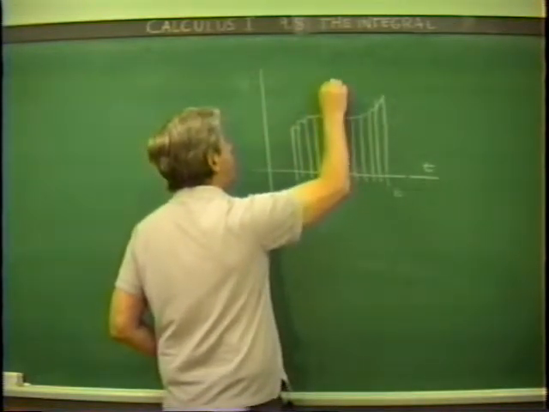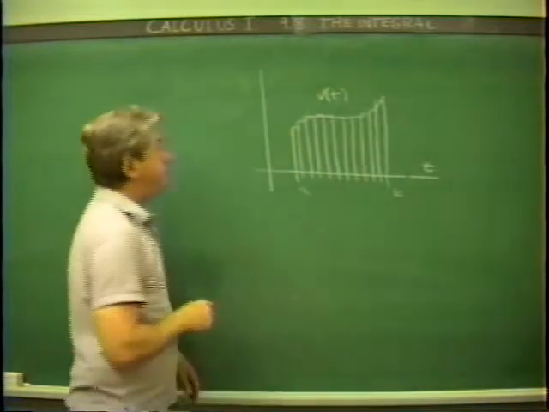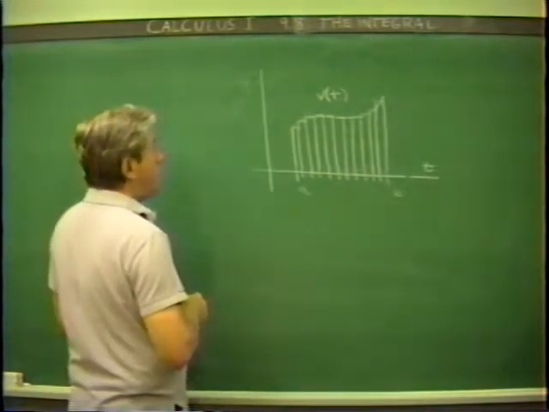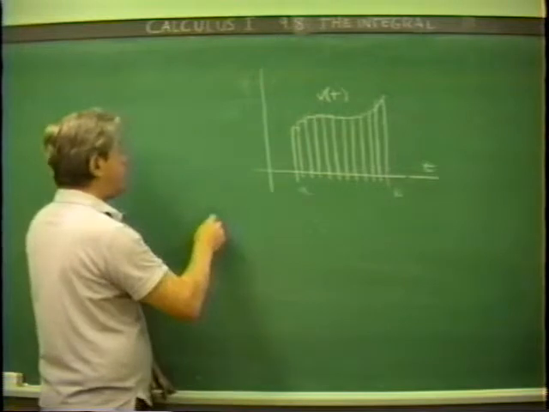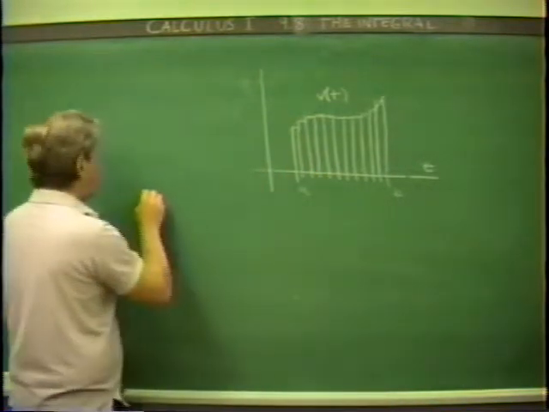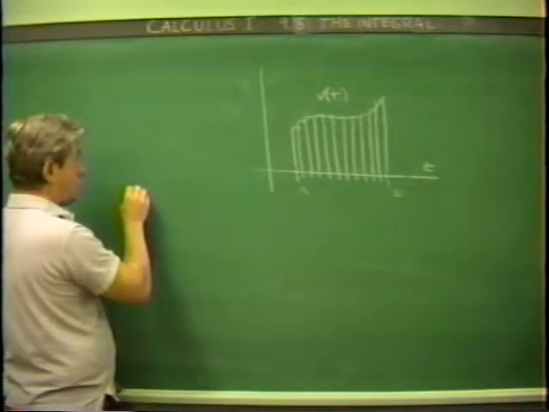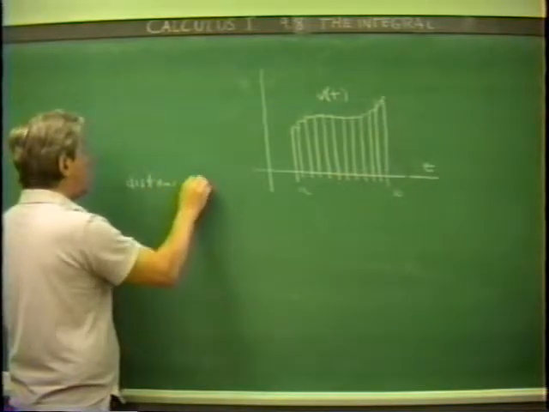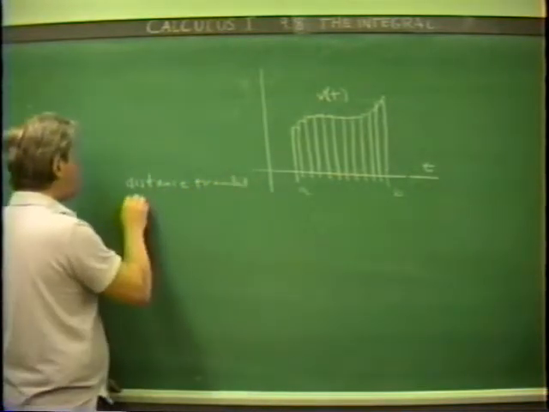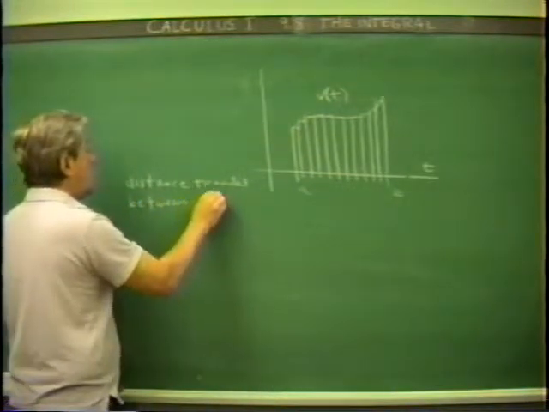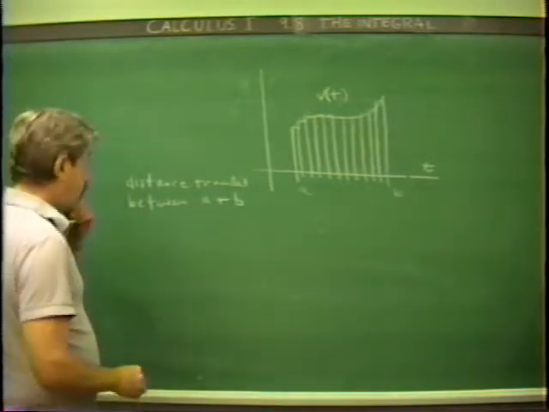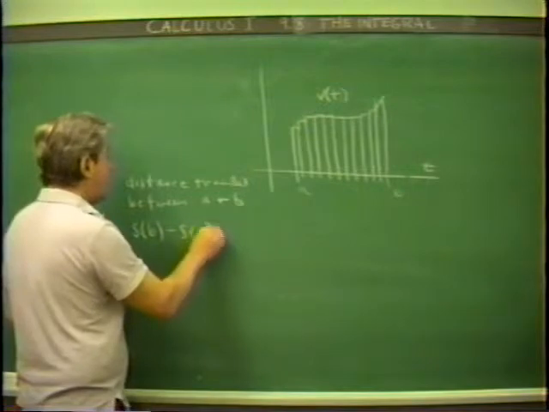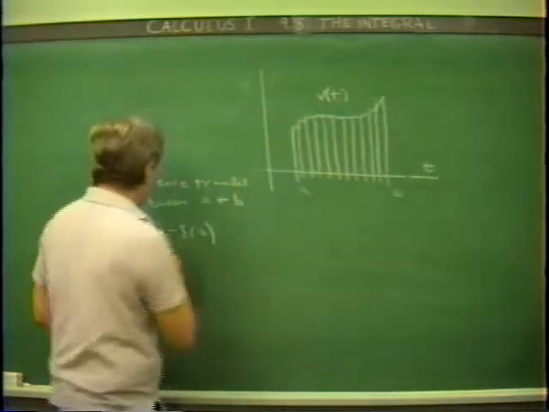Let's consider this to be a time axis here, and let's consider that what we're graphing here is a velocity, v of t. If we wanted to know the distance traveled between time a and b, it's going to be equal to S of b minus S of a.